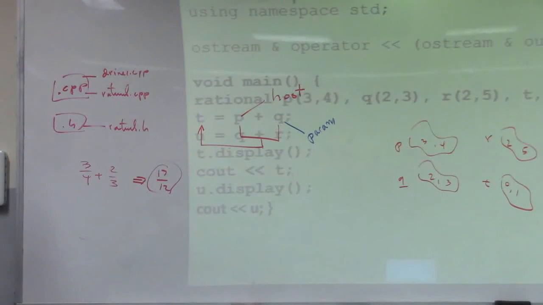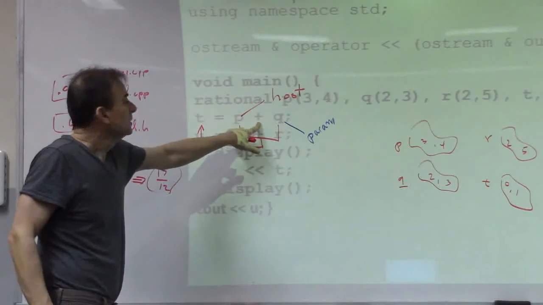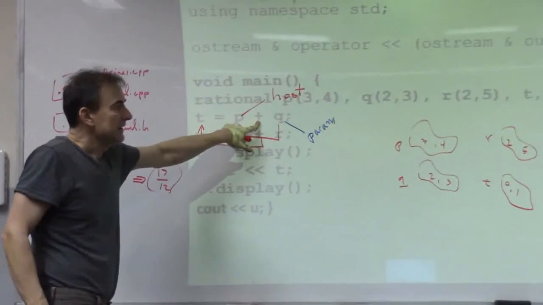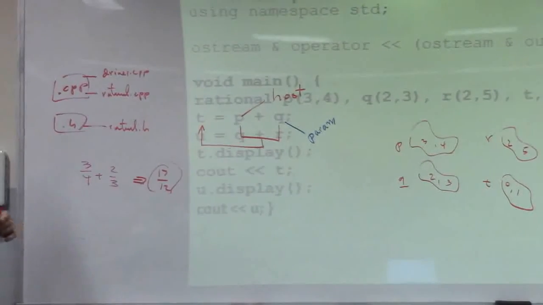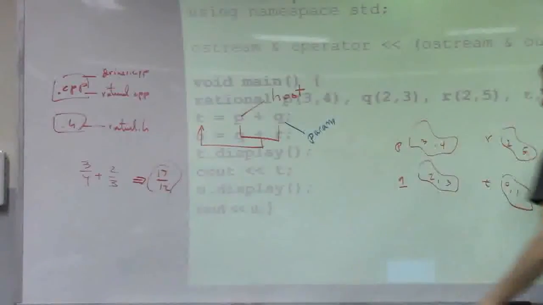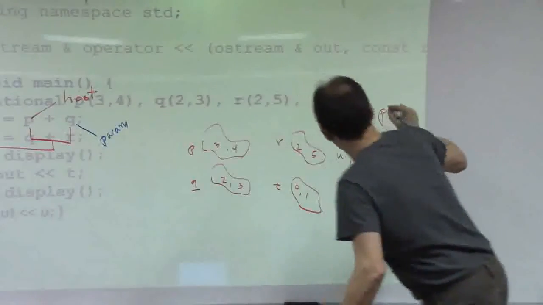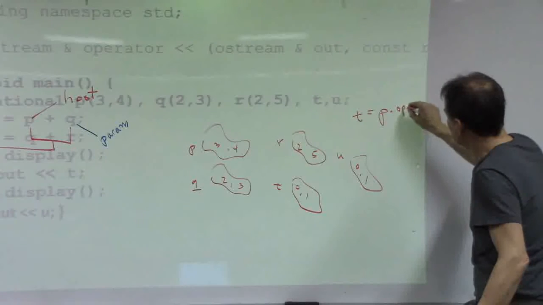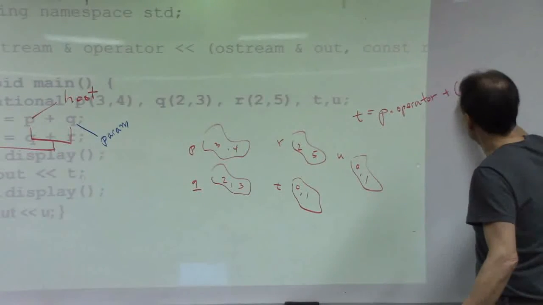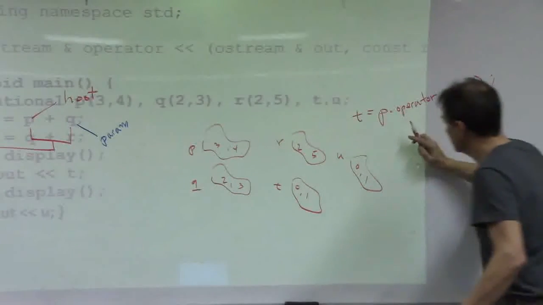So this is the host, this is the param, and that's the method. Notice that there's no parentheses. It's kind of strange, but this is really a method. Actually, C++ allows you to write this code a little bit differently. You can say T is equal to P dot operator plus param Q. So C++ will actually allow you to write the code.